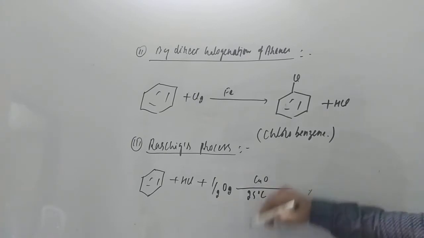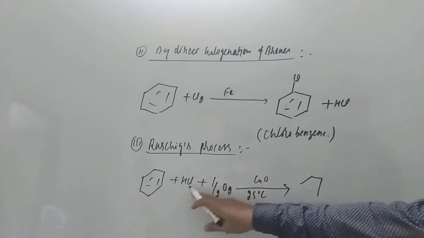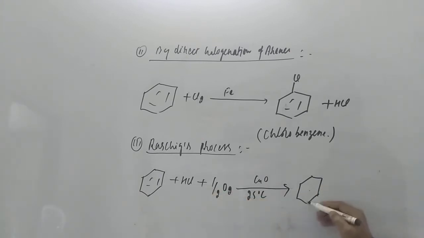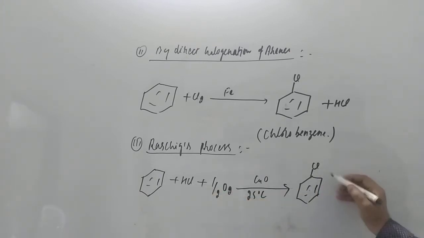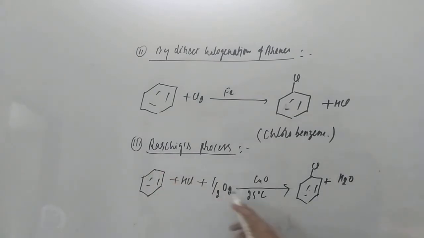It is going to give haloarenes, student. Here Cl simply adds on, that is chlorine, and along with that it releases a water molecule, with one hydrogen from here, one from here, and one oxygen. So this is the Raschig process.